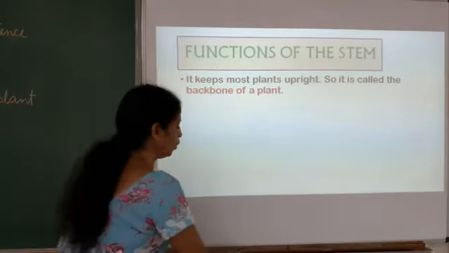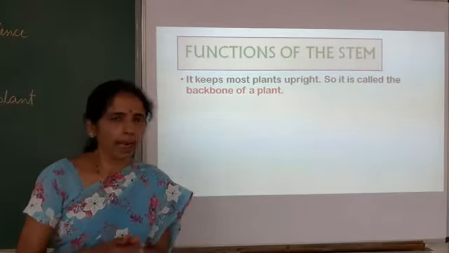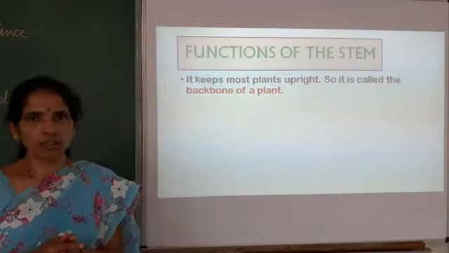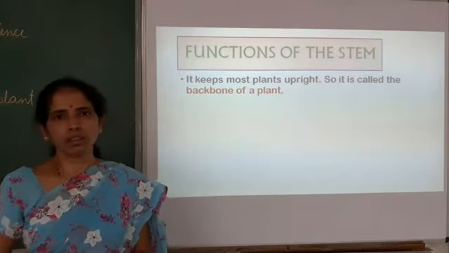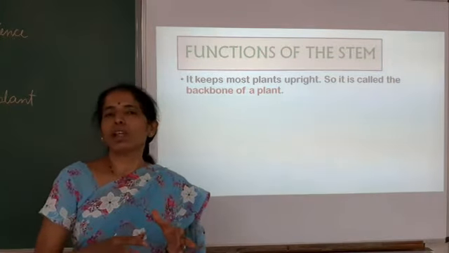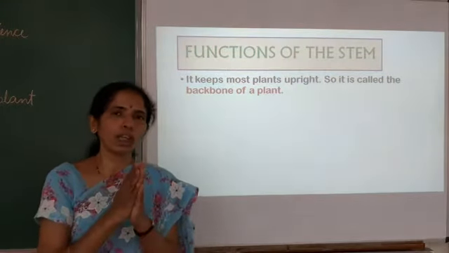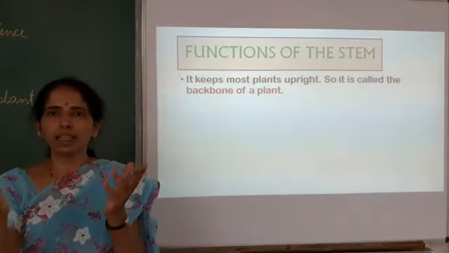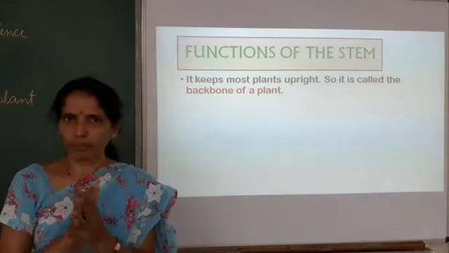Children, you already know that a plant requires water to grow and for its life. So the root absorbs the water, and the water has to reach the leaves and other parts of the plant body.